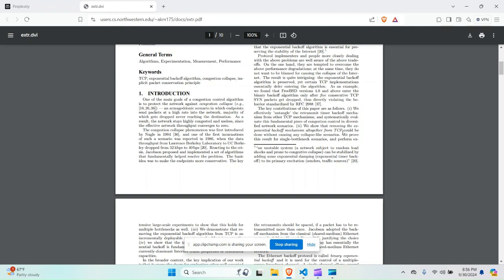RTT is round trip time. Then it is good. You ensure that you don't transmit multiple copies of packets in an active link, which is good. That is the core mantra, let's say, of this algorithm.